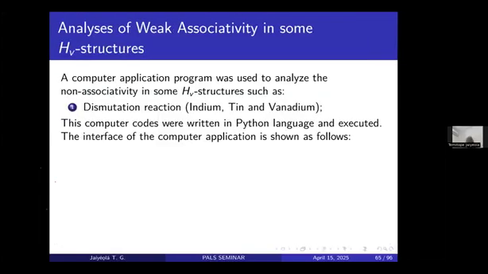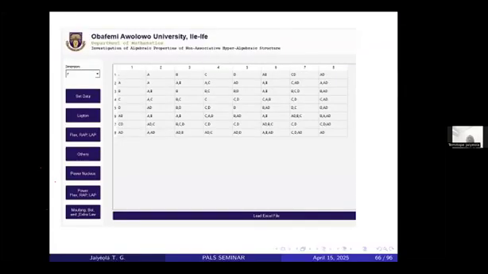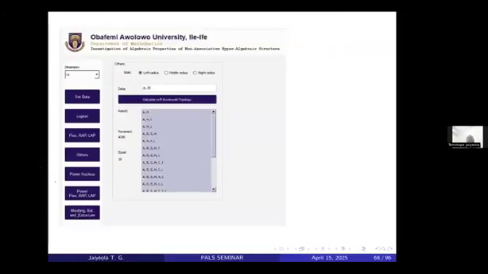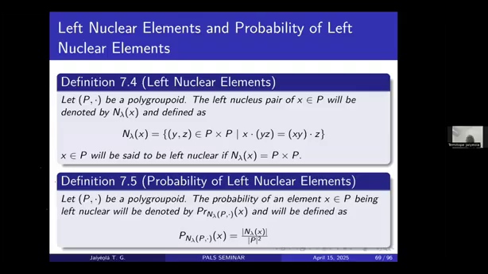Now I go into the analysis of weak associativity in some HV structures. The first one we'll be looking at is the dismutation. Before we can do our analysis, we first introduced the nuclei of elements. Given a polygroupoid, we define what we call a left nuclear element, as given here.